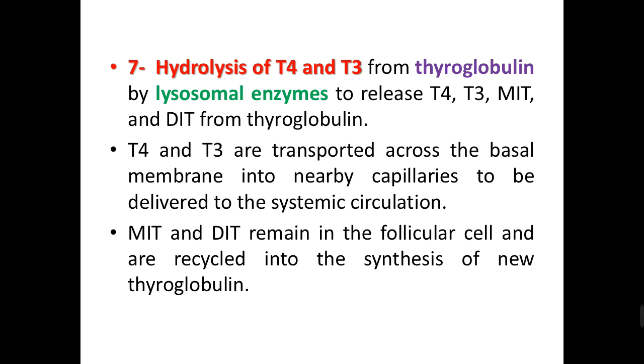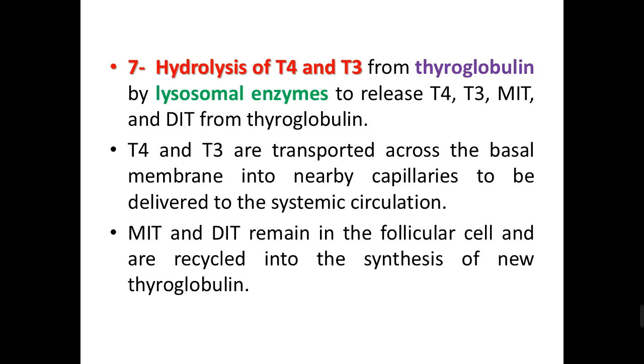Now we pass to the seventh stage, which is the hydrolysis of T4 and T3 from thyroglobulin, as we said in the last slide, by lysosomal enzyme to release T4 and T3, monoiodo and diiodotyrosine from the thyroglobulin to be used for production of thyroid hormone or to be released from the gland to the circulation.